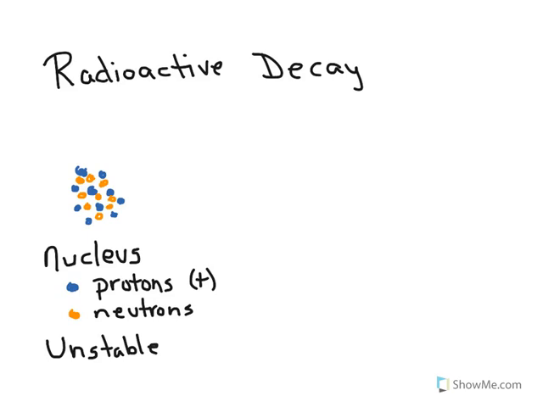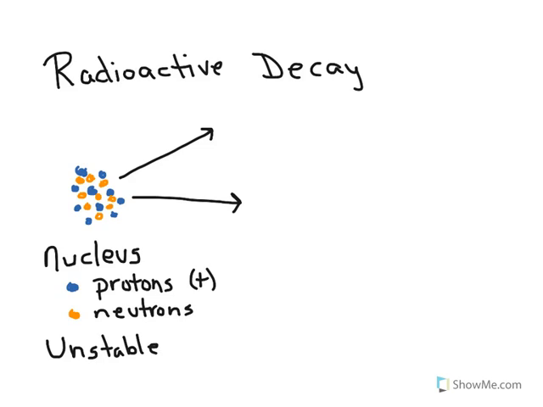So when radioactive decay occurs, part of that nucleus breaks off. Now, there are different kinds of radioactive decay. So what changes is what is shot off.